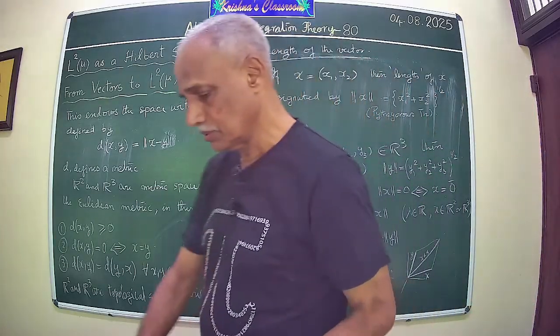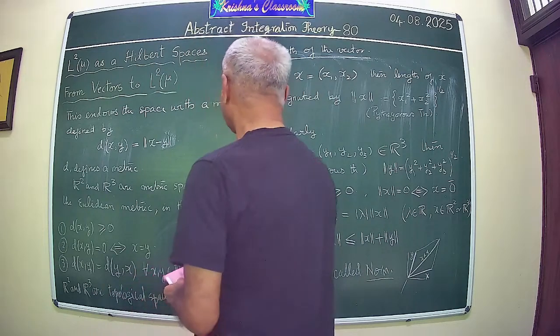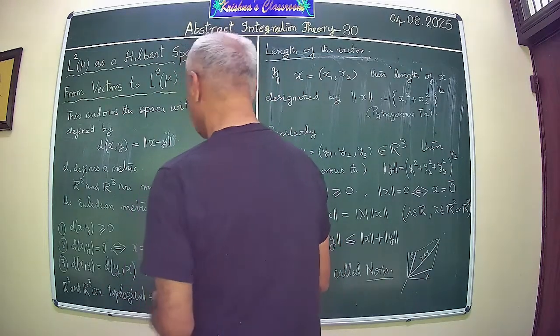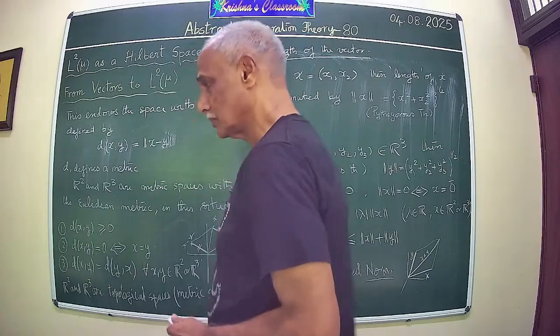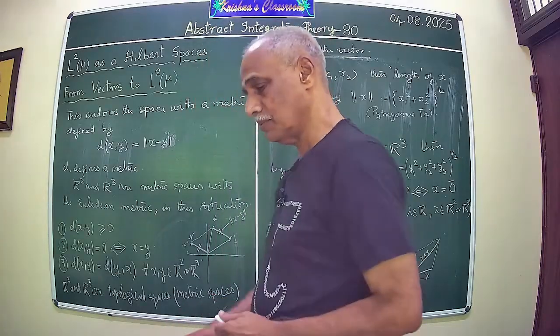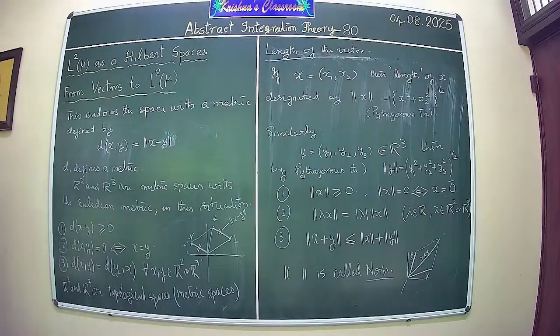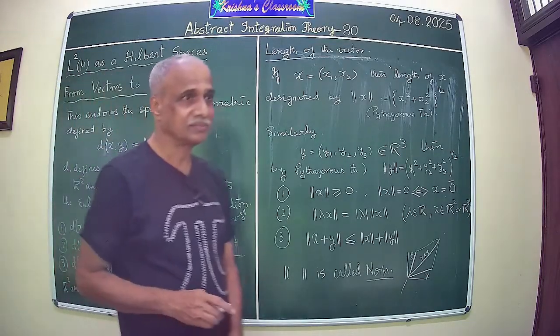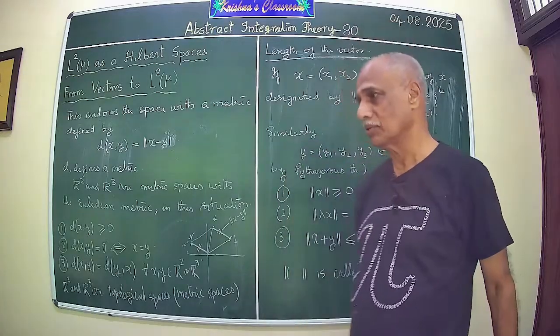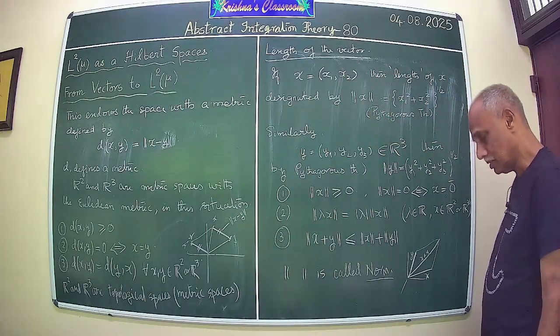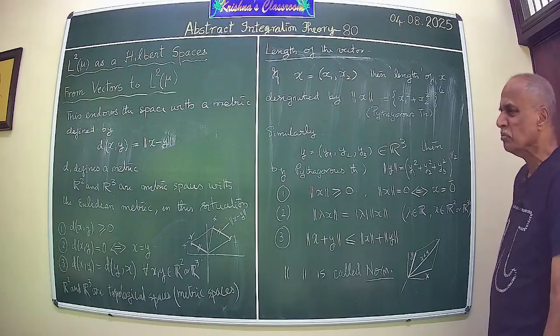Okay. Now it has more fascinating structures. Probably when we work with LP spaces, you had all these ideas, metric defined, and so on. But then it was not a Euclidean space.